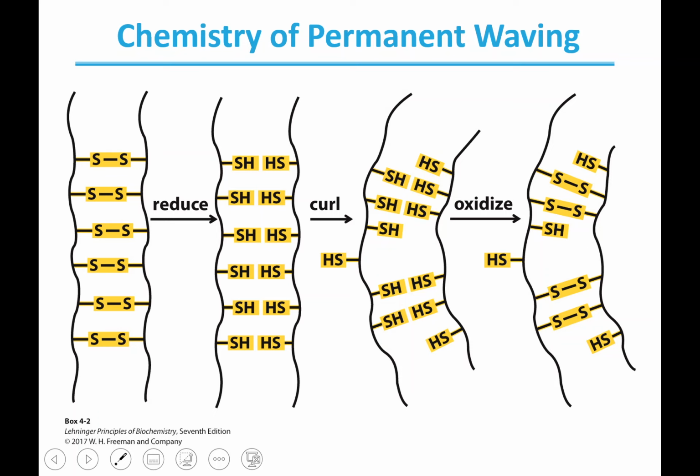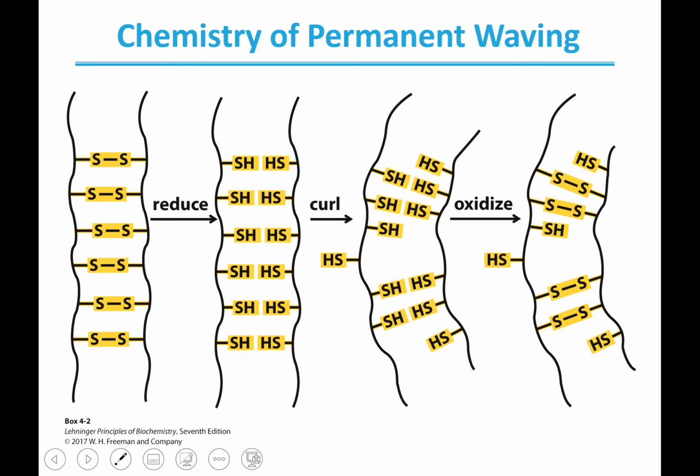The book talks a little about the chemistry behind a permanent. When you have a perm in your hair, this is the chemistry behind that. And we mentioned that in alpha keratin you have alpha helices wrapped in a coil, but then there's also disulfide cross-linking between the alpha helices to make that stronger.